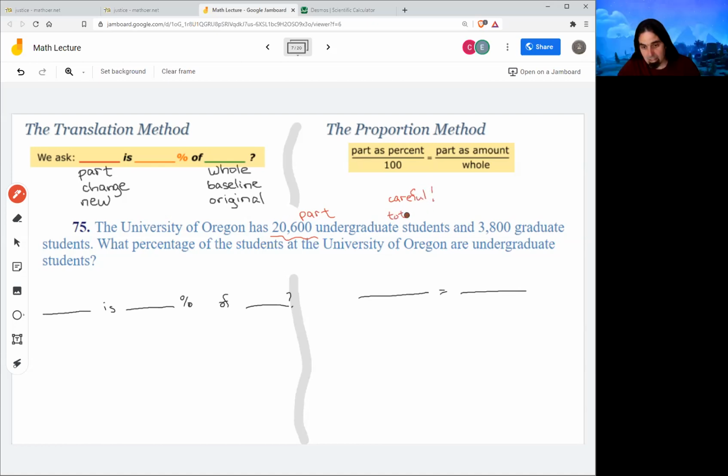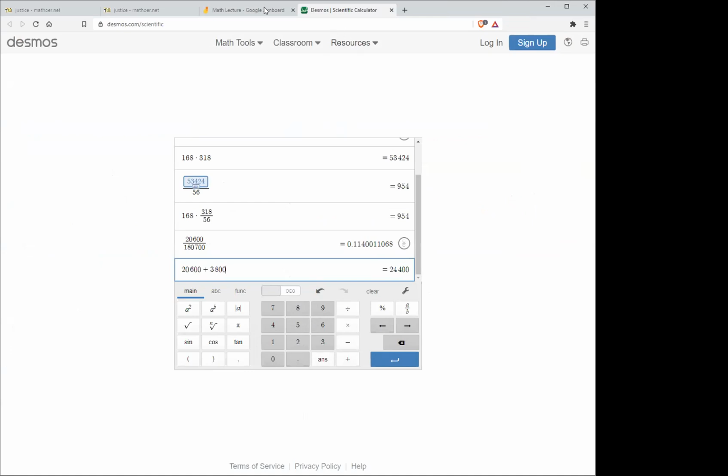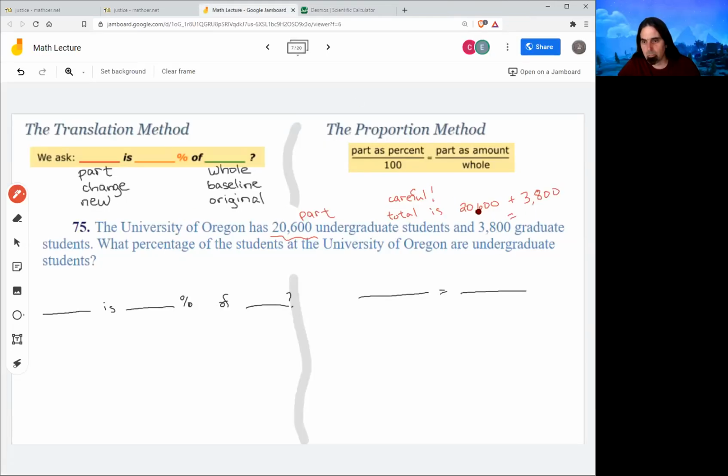Yes. So it doesn't tell us the total is one number on the page. We'd have to say, what is the 20,600 plus the 3,800 and get 24,400.